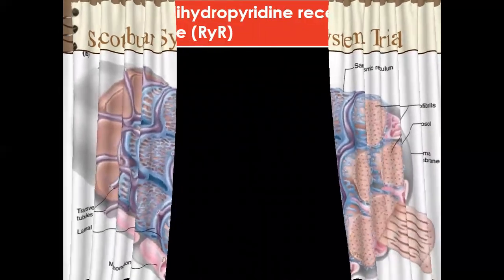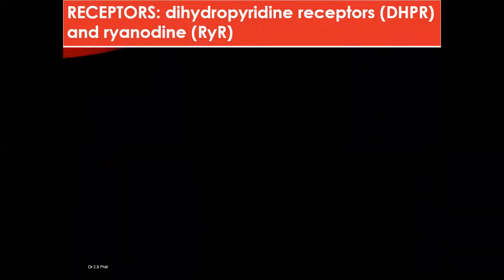Okay, so going inside the transverse tubule, there are receptors. On the sarcoplasmic reticulum, there are also receptors. So what receptors are there? There are two major receptors that I would want you to appreciate: dihydropyridine receptors and ryanodine receptors.